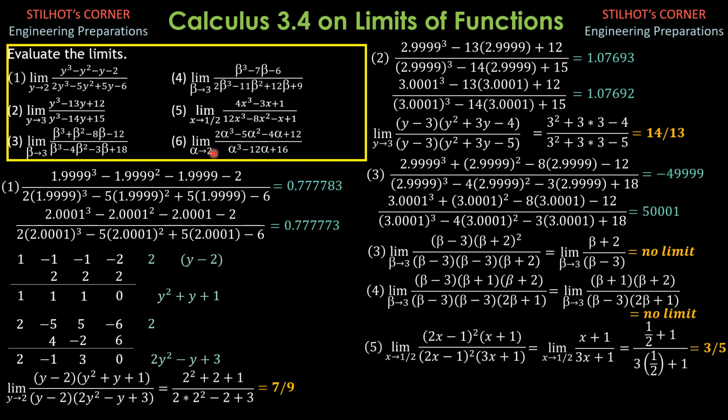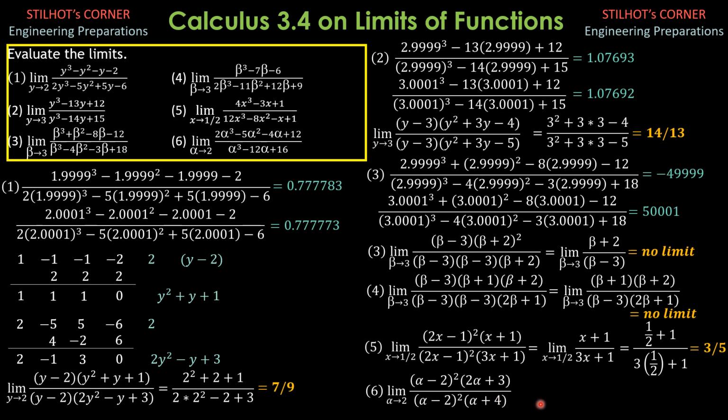Alpha minus 2 is definitely a factor. Then factor the numerator and the denominator by the synthetic division approach and show that the factors are, definitely there is alpha minus 2 as a factor. Alpha minus 2 squared times 2 alpha plus 3 over alpha minus 2 squared times alpha plus 4.